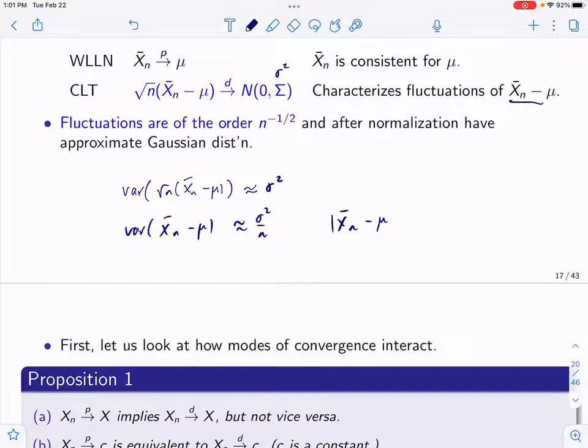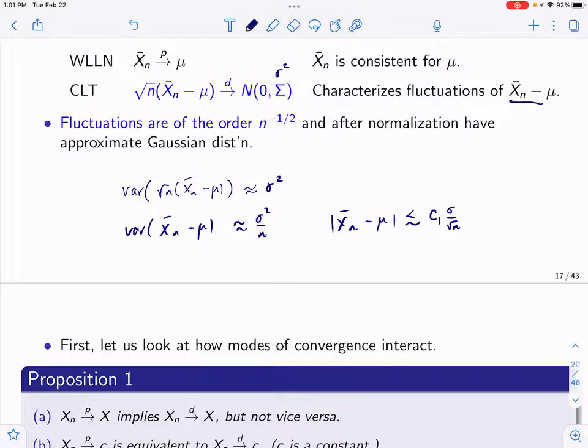Later on, you'd say, for example, that x bar n minus mu, with high probability, is bounded by some constant times sigma over root n. So if I go a constant factor away from the mean, scaled by this standard deviation, then I would have most of the probability.